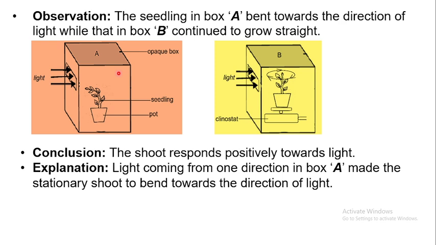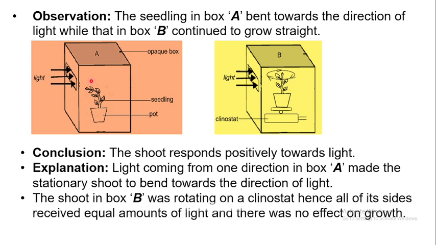All right, so the explanation as to why this is happening is that light coming from one direction in box A here made the stationary shoot, so this shoot is not rotating as in B, bend towards the direction of light. Okay, very important.